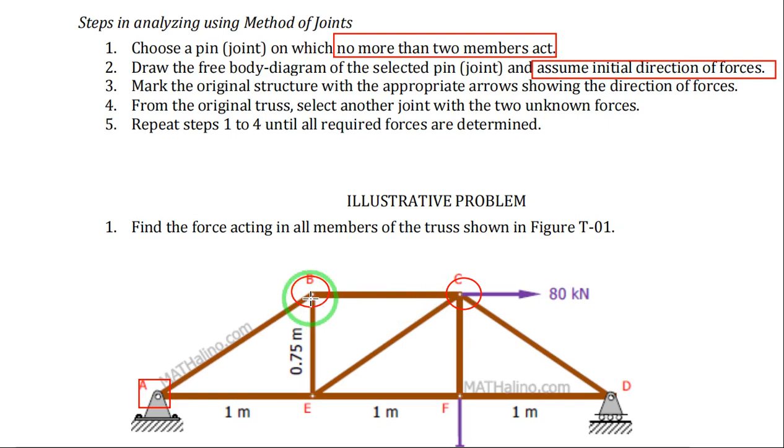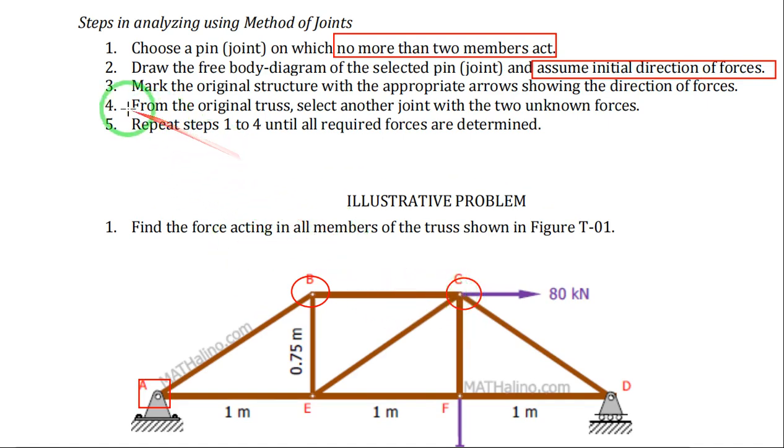You can assume that the direction of AB is also in tension, directed away from joint B. You can also assume that the force for member BE is in tension, away from joint B. But in joint C, your force BC is also in tension. It is not toward joint C, it is also away from joint C.